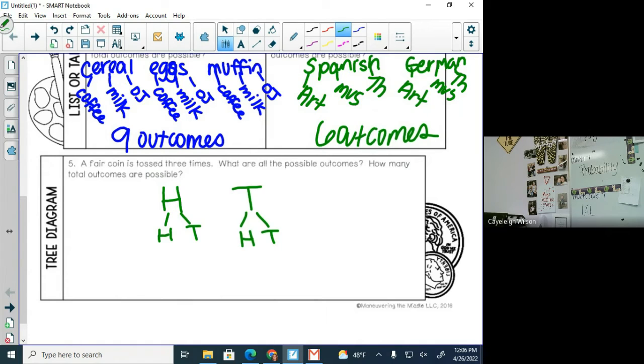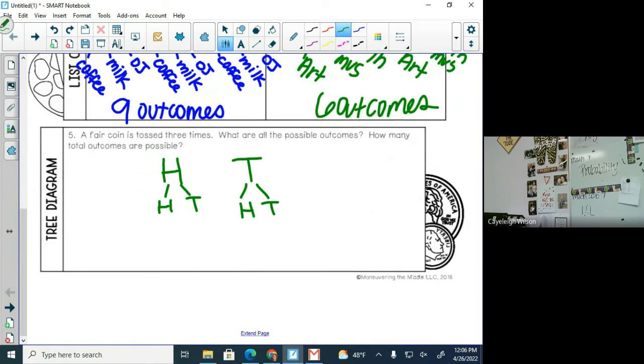All right, now I'm going to flip my third coin. What are my answer choices for my third coin flip? Heads or tails again. So I could have gotten heads, and then heads or tails. I could have gotten head, or tail. I could have gotten tail, head or tail.